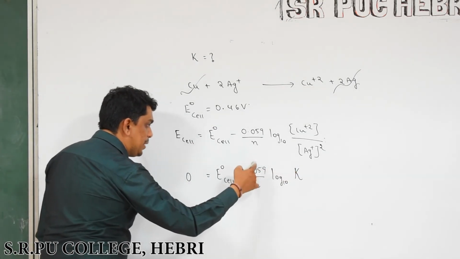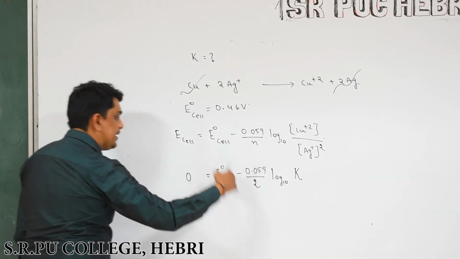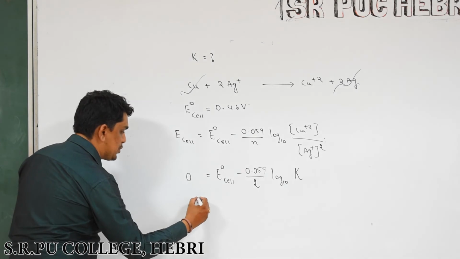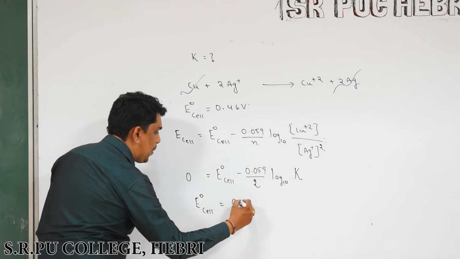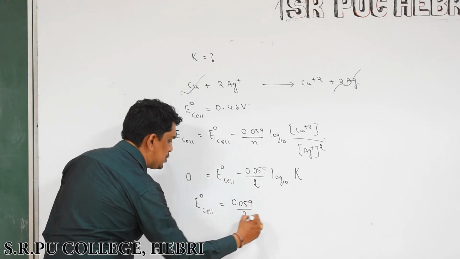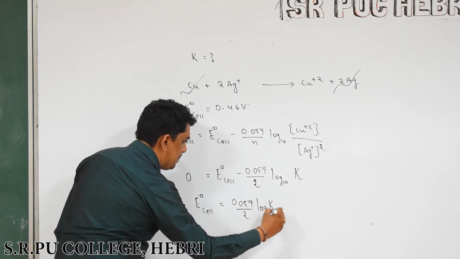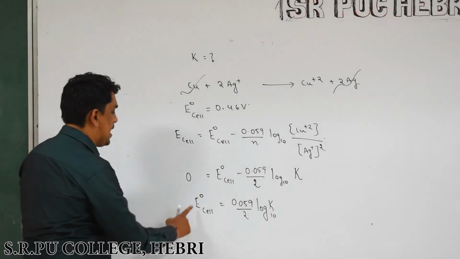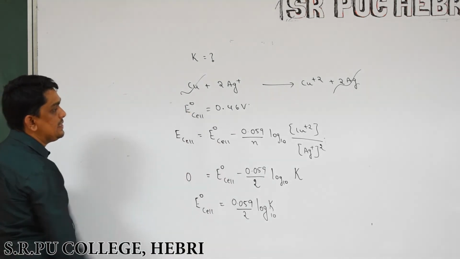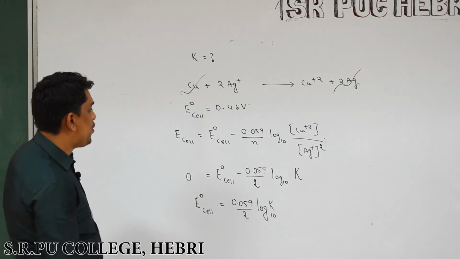Negative term, bring it to the other side, so negative becomes positive. So we get the expression E naught cell is equal to 0.059 by 2 log K to the base 10. Let us have a substitution now. E naught cell is given in the question as 0.46 volts.